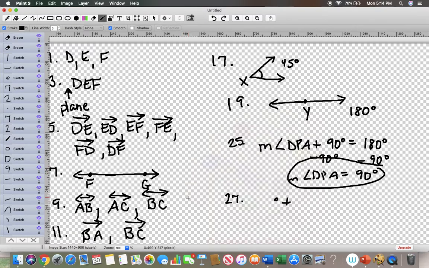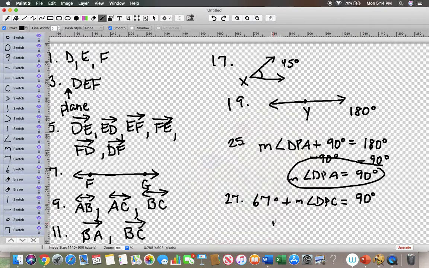Angle CPA, that whole angle measurement, is 67 degrees, correct? Well, angle CPA plus angle DPC will get me the whole measurement of angle DPA. Well, what is angle DPA? 90 degrees.